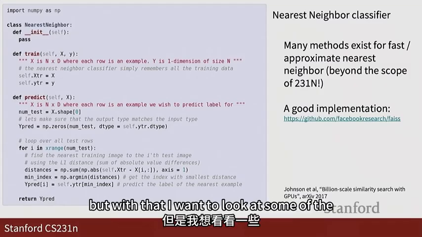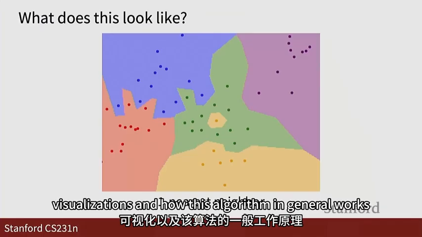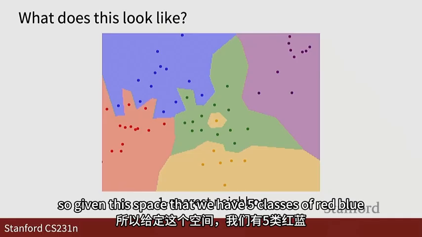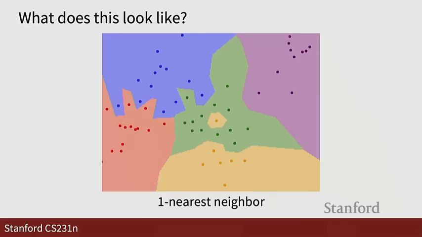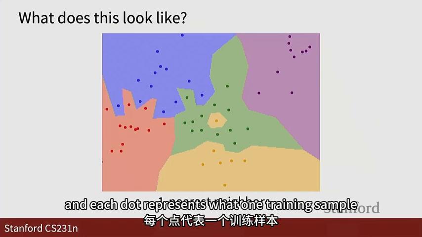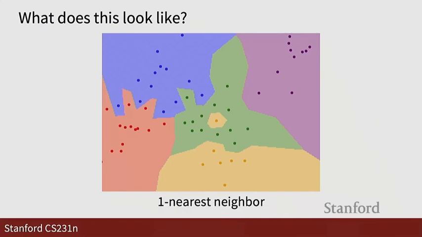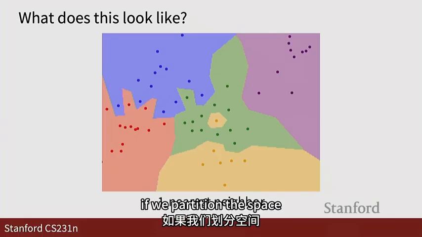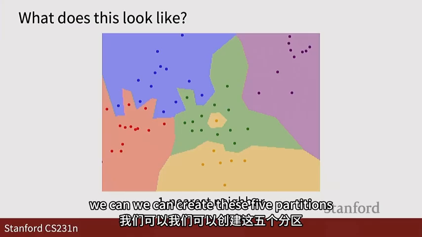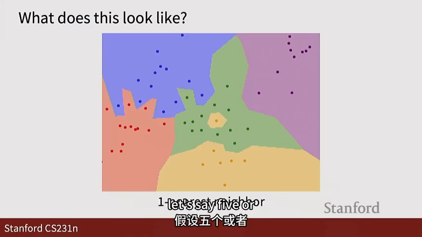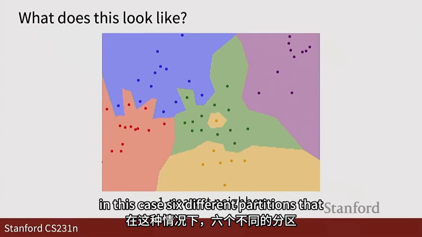But with that, I want to look at some visualizations and how this algorithm in general works. Given this space with 5 classes of red, blue, green, purple, and yellow, where each dot represents one training sample in that class, if we partition the space for every single point, we can create these partitions, in this case 6 different partitions.